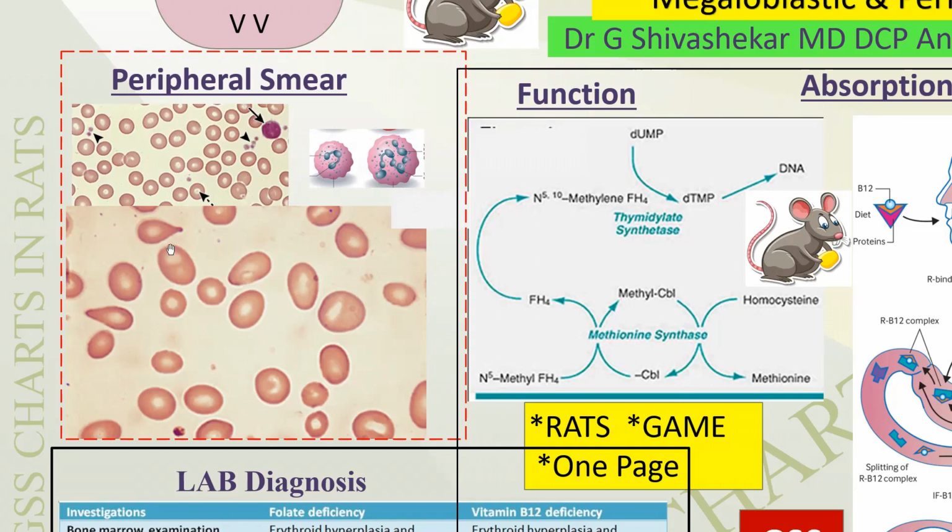Please observe that there are some teardrop cells seen in this. Some cells have a purplish tinge; that is called a reticulocyte or a polychromatic cell, which can appear due to treatment. So macrocytosis, anisopoikilocytosis, macroovalocytes, and teardrop cells.